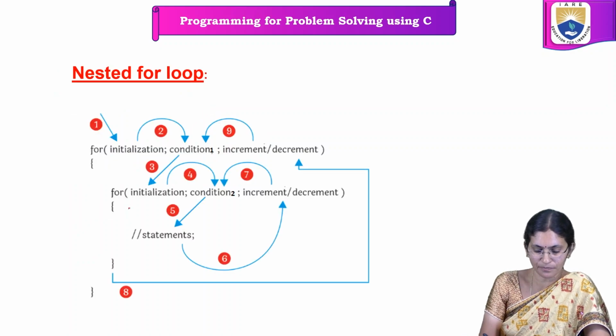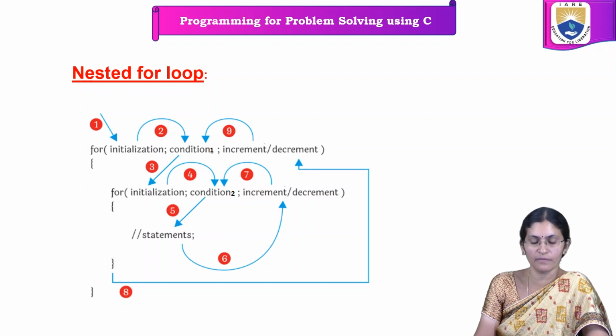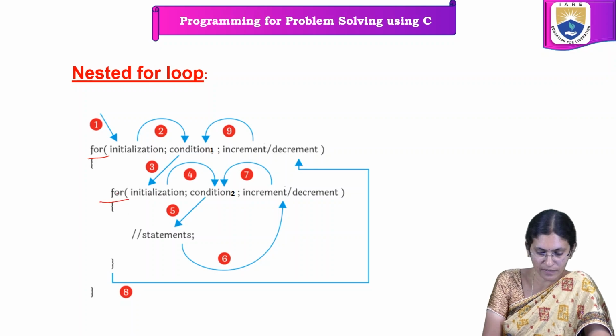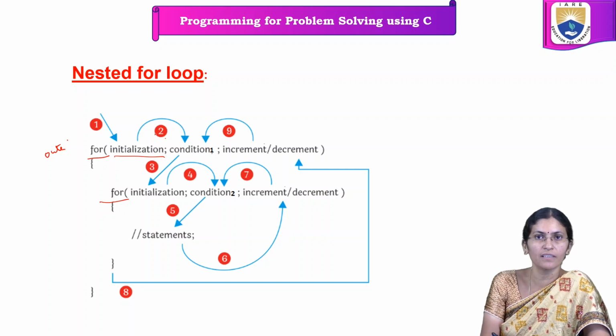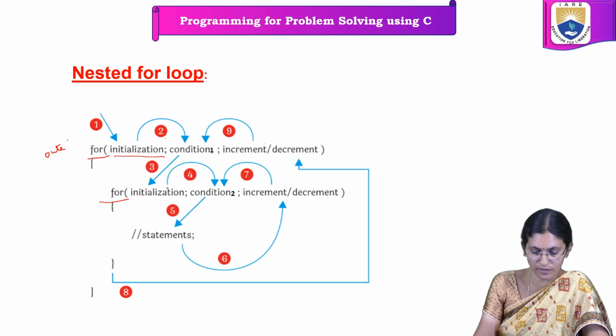Next, the flowchart. So this is how the control is transferred when we use a nested for loop. This is the outer for loop and this one is the inner for loop. The numbers indicate the order of execution of this for loop.